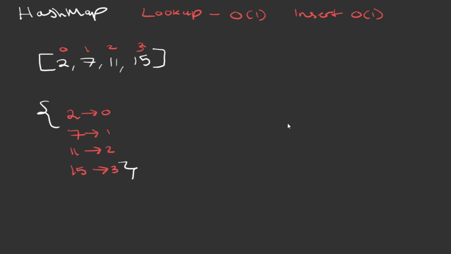So this is what the hash map will look like once we populate it via a for loop, because we need to traverse every single element to add it into this hash map. Now, what we can do after is we can simply use the fact that target minus some element a is going to give us exactly the element.